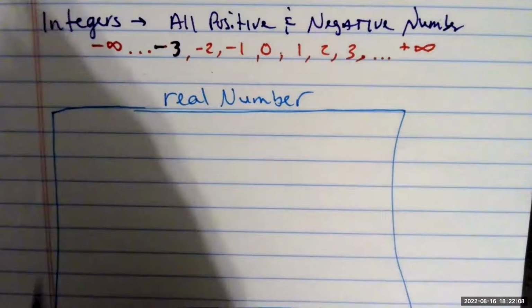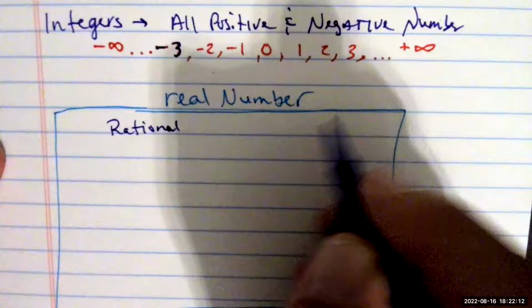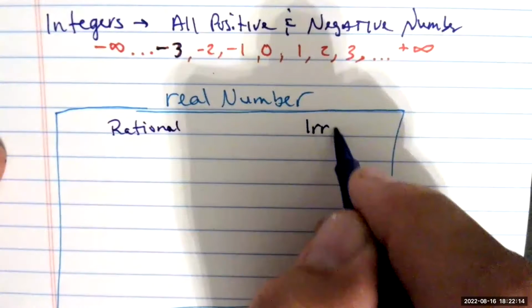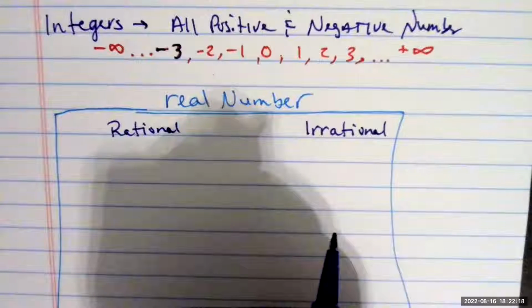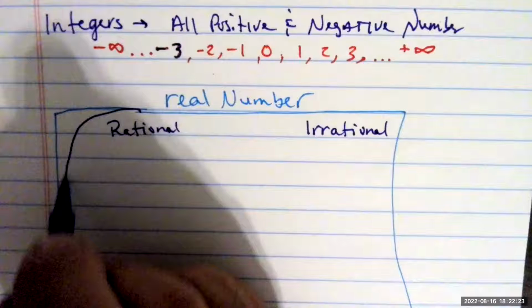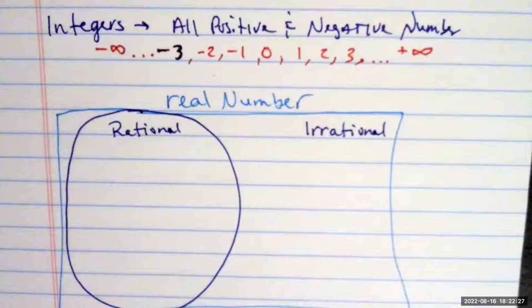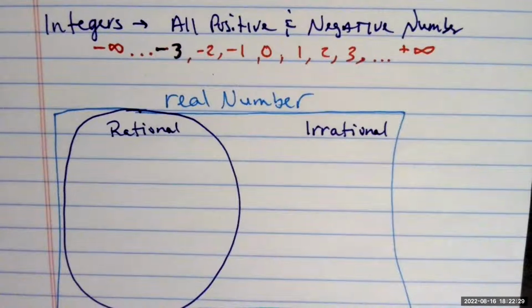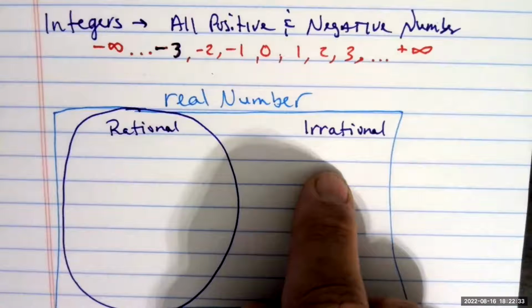There are rational numbers, the ones with a fraction, which we have been talking about. And then there are ones called irrational numbers. So rational numbers, and let's use a big circle here to represent it, as that's what most people do. They represent circles or squares or something like that. So there's all our rational numbers. Real numbers consist of rational numbers and irrational numbers.